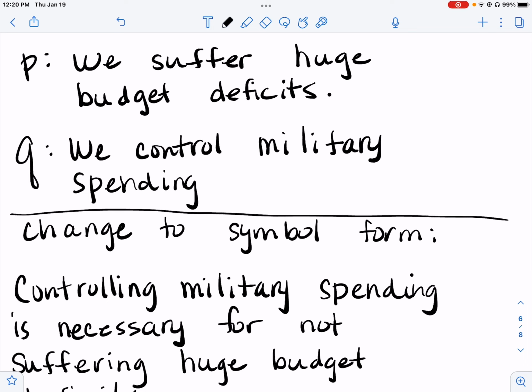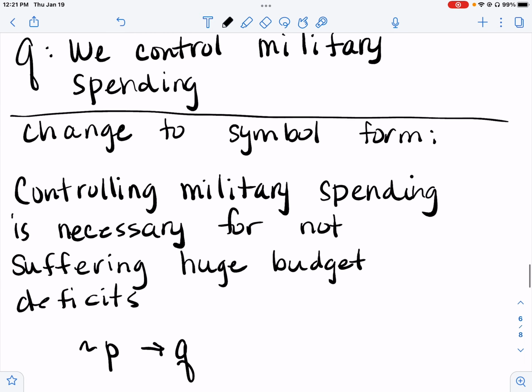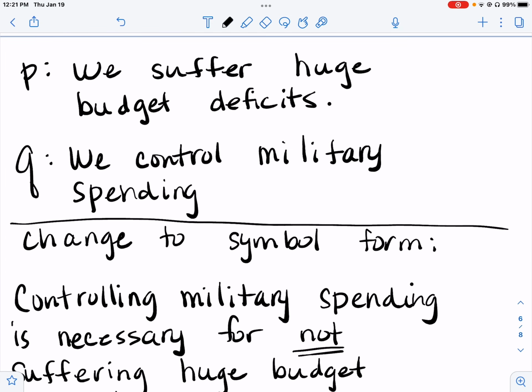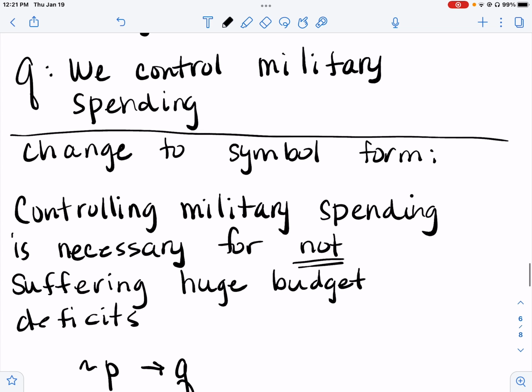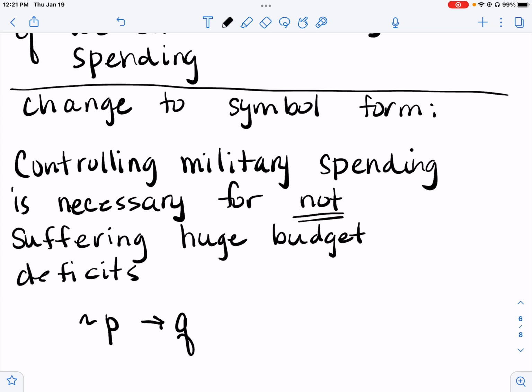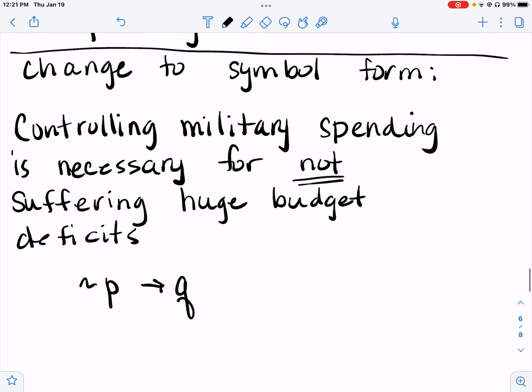P: we suffer huge budget deficits. Q: we control military spending. Change to symbol form. If we're saying controlling military spending is necessary for not suffering huge budget deficits, then suffering budget deficits is P, so not suffering budget deficits is not P. So what does this mean?